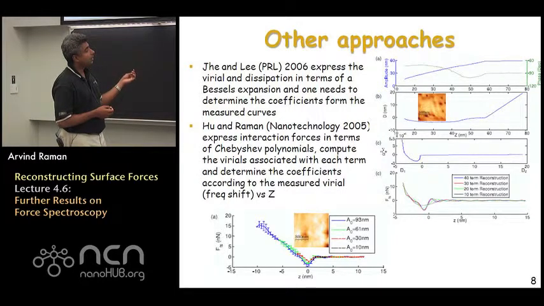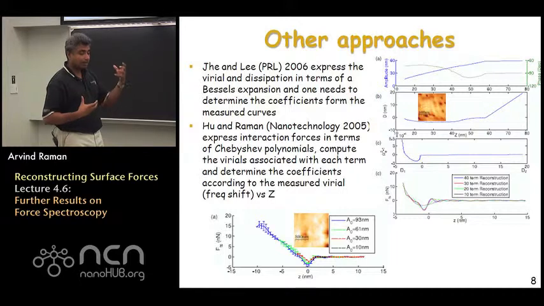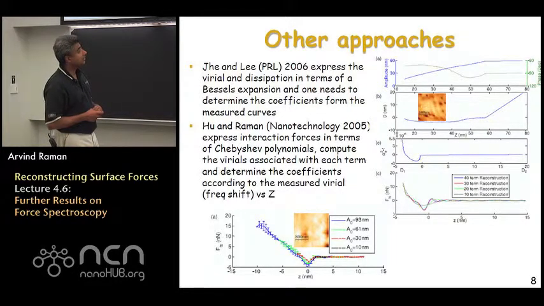And then one backs out what the coefficients of the Chebyshev polynomials need to be in order to match the observed frequency shift versus z. And the reconstructed force is shown on the bottom right.